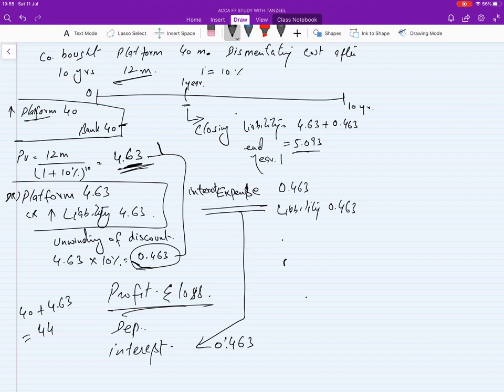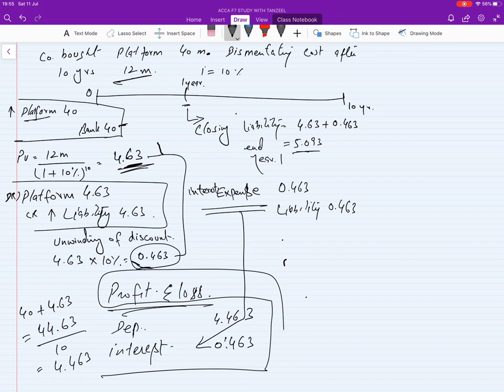So it is 44.63 divided by the number of years, 10 years. So the depreciation is 4.463, and interest is this. This entry will go to profit and loss.